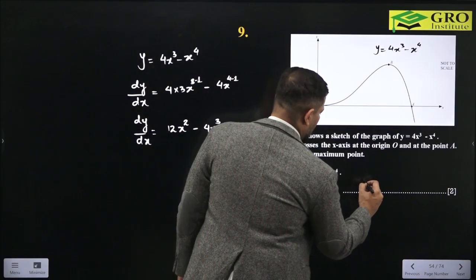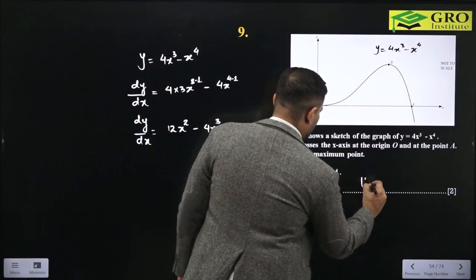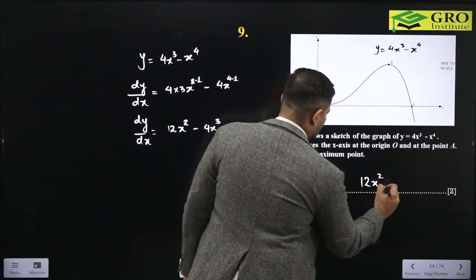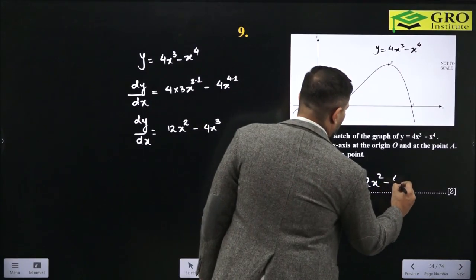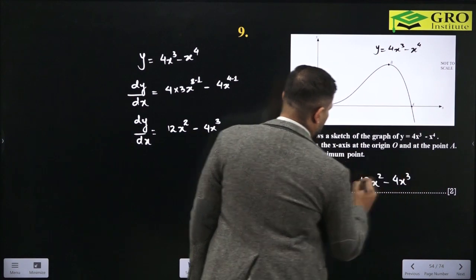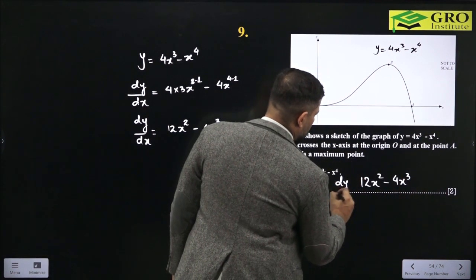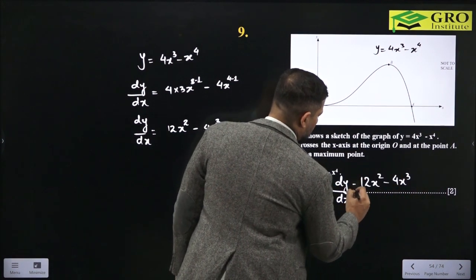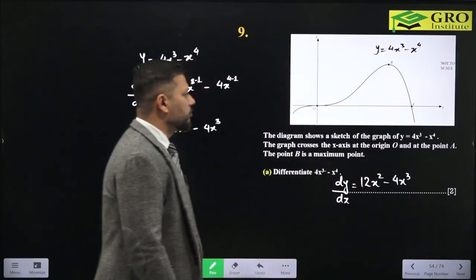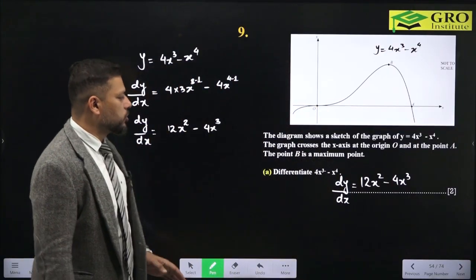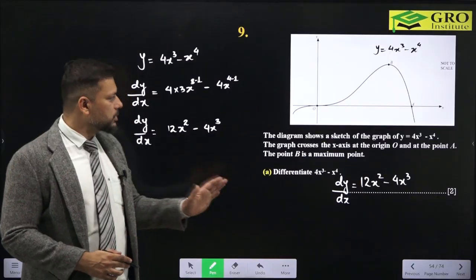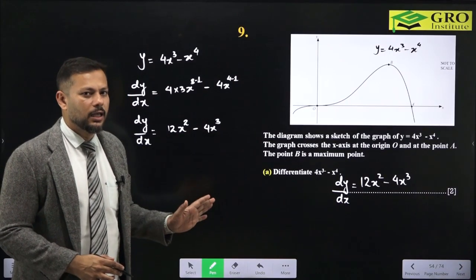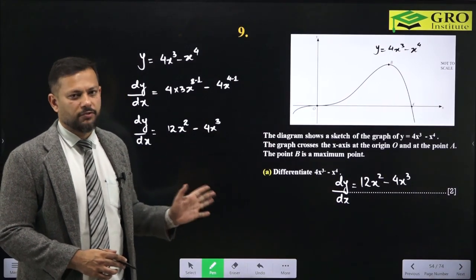The differentiation is 12x square minus 4x cube. This is dy upon dx, the differentiation of the equation y with respect to x. I hope this part is clear. This question was really easy. It involved only the basics of differentiation.